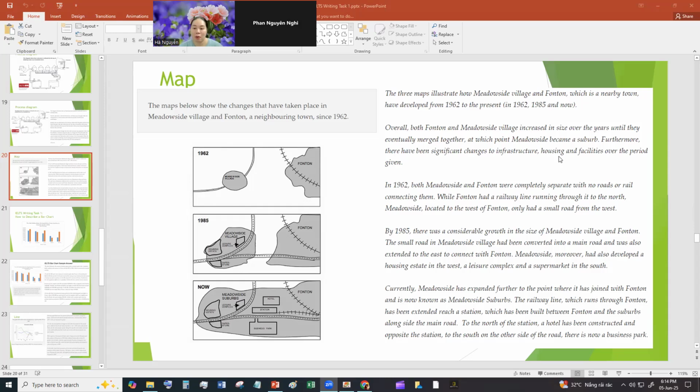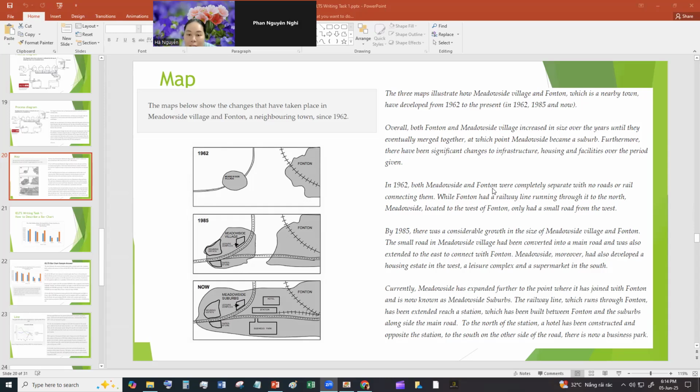So how does the first body paragraph open? What phrase signifies the first body paragraph? In 1962. That's right. And the next body paragraph? By 1985. That's right. And the final one, the third body paragraph? Currently. Good job.